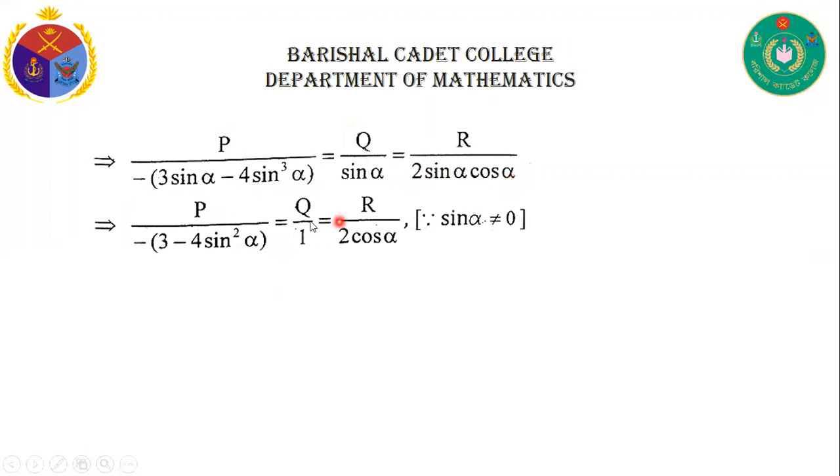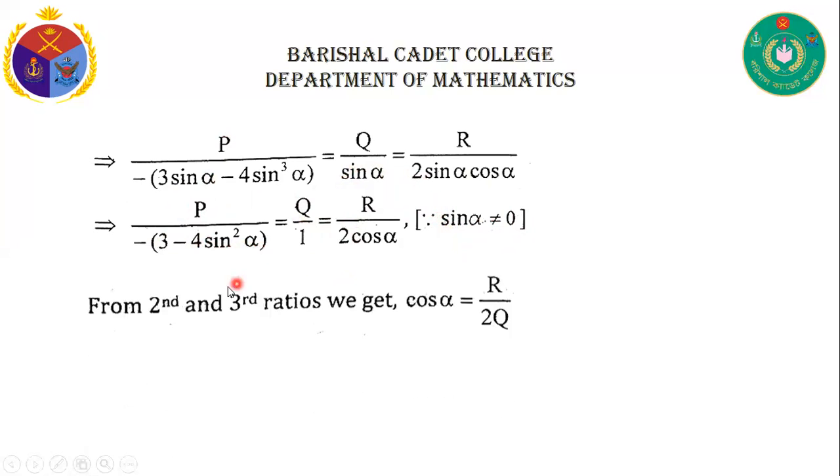Now simplifying, we eliminate sine alpha because sine alpha doesn't equal 0. If it were equal to 0, that is alpha equal to 0, then the system would not exist. So P by minus 3 plus 4 sine square alpha, divided by Q by 1, equal to R by 2 cos alpha.